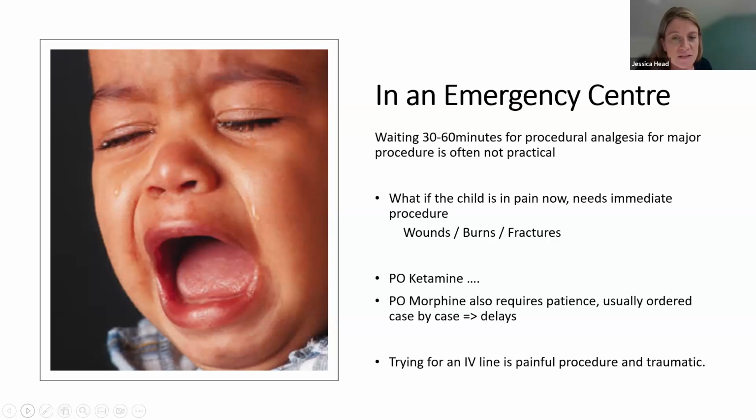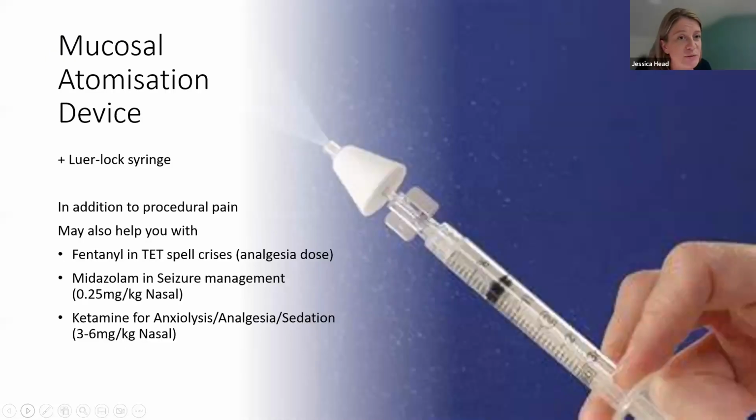So what's the alternative? Well, this is the mucosal atomization device that I wanted to talk to you about. I really do want to encourage you to think about using this in the emergency department. In addition to managing procedural pain, this is also very helpful for several other indications.